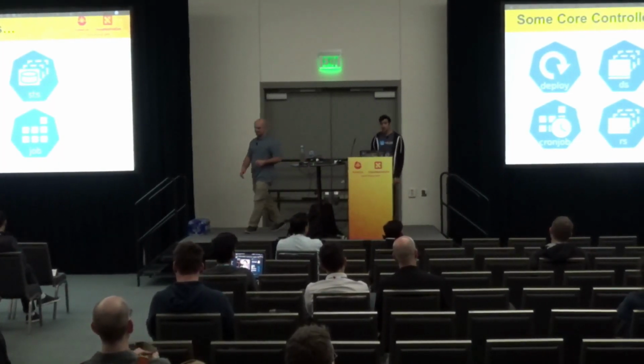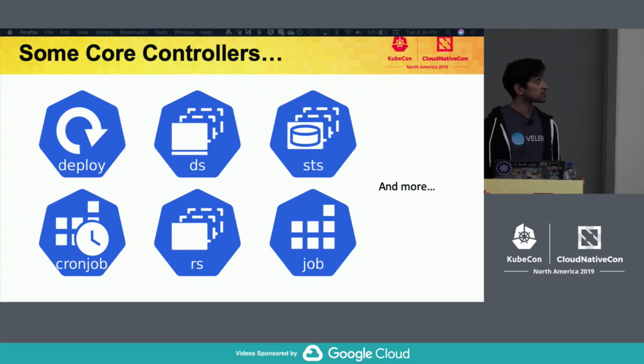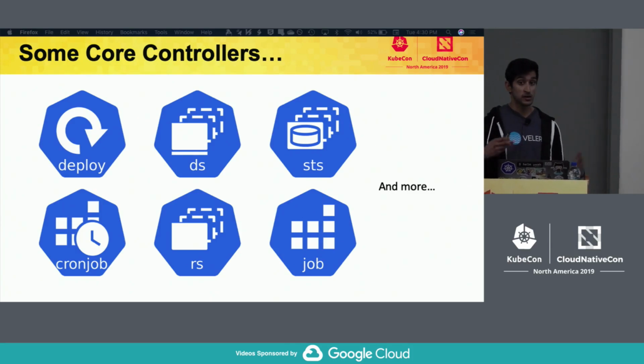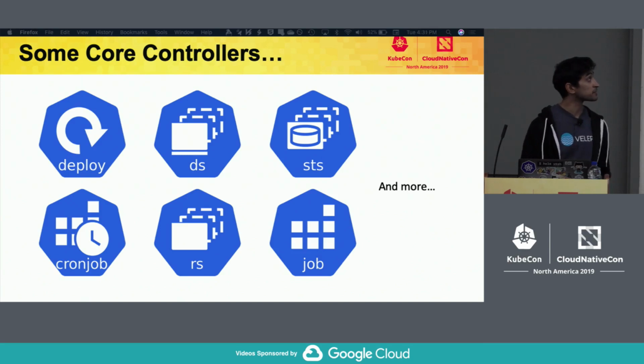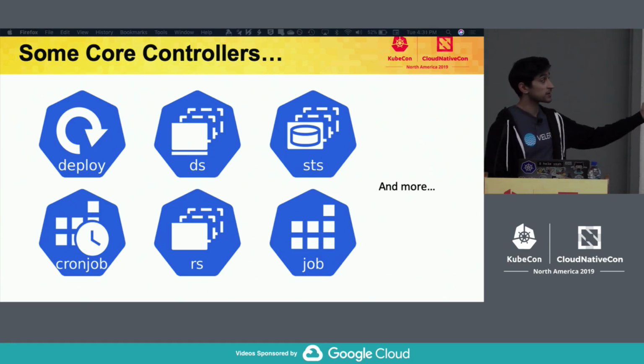Excellent, thanks, Matt. As Matt said, SIGs are the organizational unit in Kubernetes that own code. So in SIG Apps, you might be familiar with some of these things. We own deployments, DaemonSets, StatefulSets, so things in the apps API group, as well as the batch API group, so cron jobs and jobs, and a few other things like pod disruption budgets and a few other APIs as well.